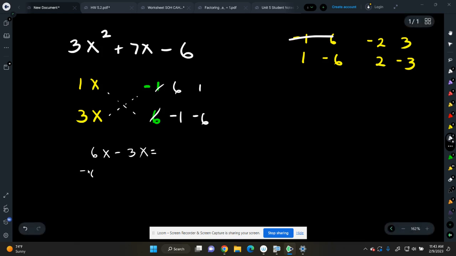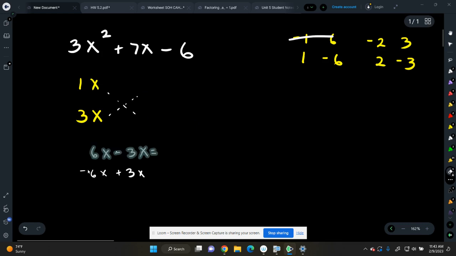No, that's going to give me -6x plus 3x, and it's still not going to work. So it looks like the 1 and the 6 are not going to work. Okay? So remember, before you abandon the numbers, make sure you switch them to see if they work in the other order. Okay, let's try the -2 and the 3.